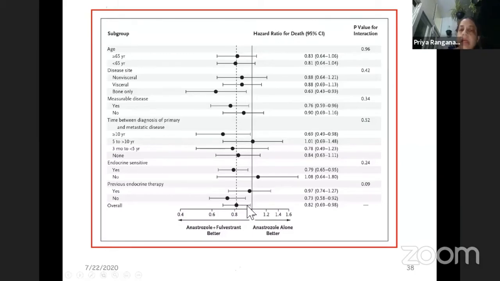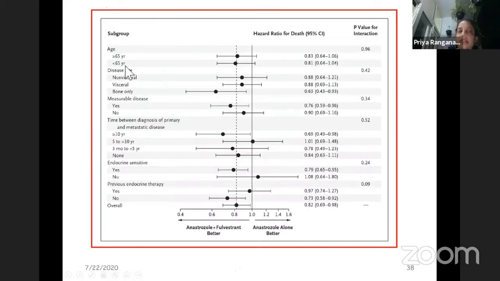You could do subgroup analysis for different age groups, disease sites. You could choose your subgroups and calculate independent hazard ratios for each. For example, in the age group of people more than 65 years, how effective was this combination as compared to single agent?